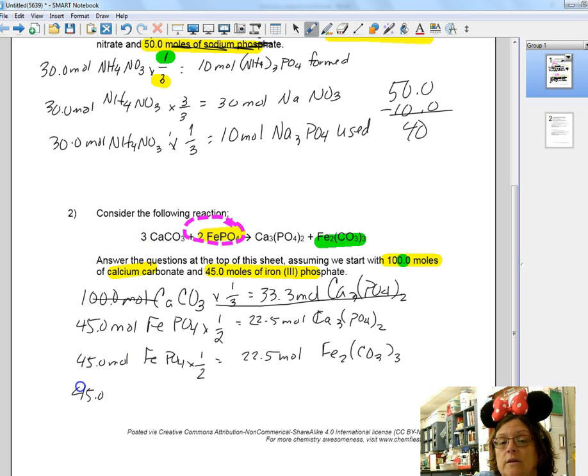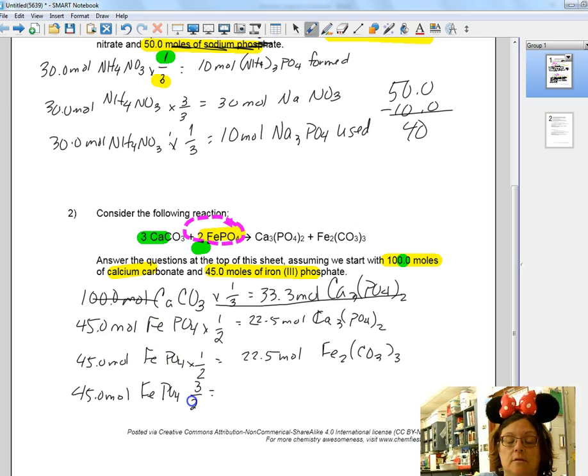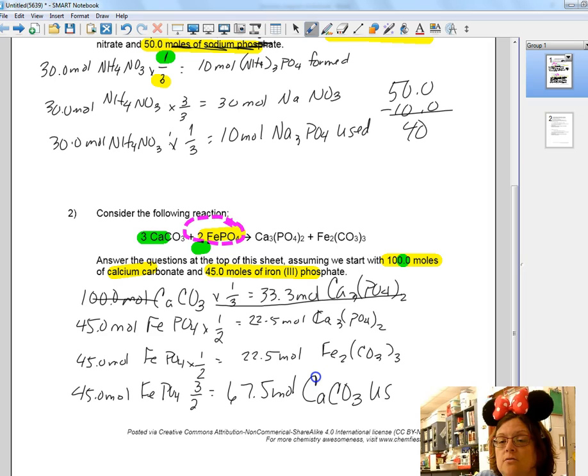Well, we know if we start with 45 moles of iron 3 phosphate, what's my ratio of iron 3 phosphate to the calcium carbonate? It's a 2-to-3. 2 moles to 3 moles. So take 45 times 3 divided by 2. 67.5 moles of calcium carbonate will be used up.